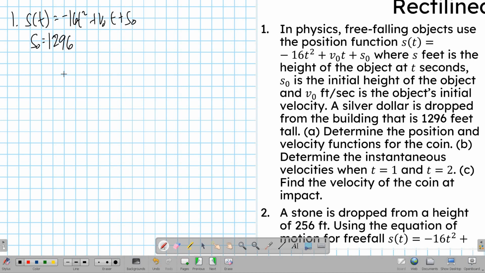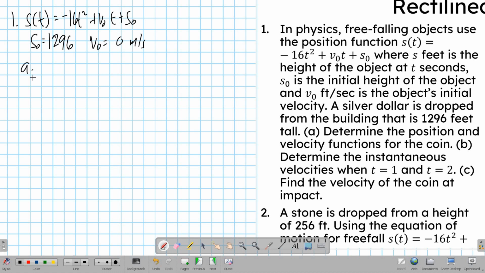However, since it's just being dropped, the initial velocity is actually 0, because you're holding it, it's not moving, it's just being dropped. So, 0.